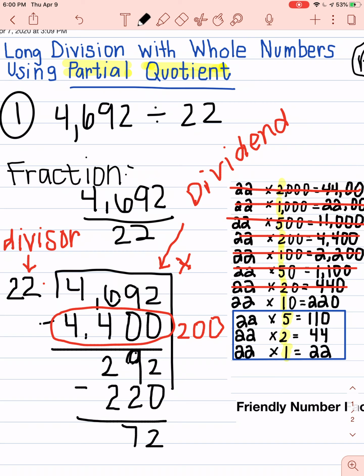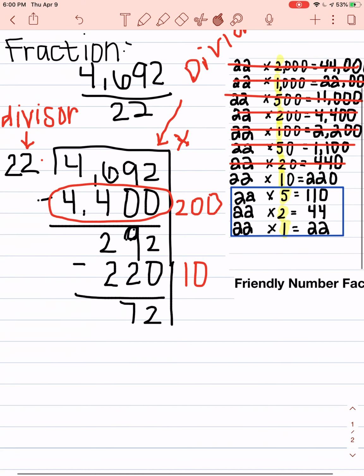Let me extend my line over here. I multiply 22 times 10, right? Got me 220. All right.